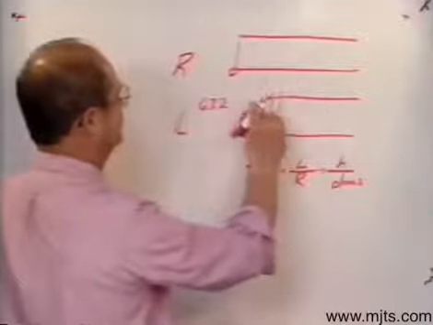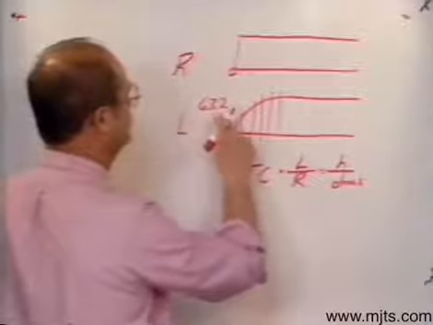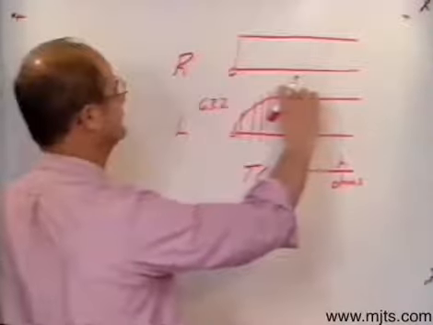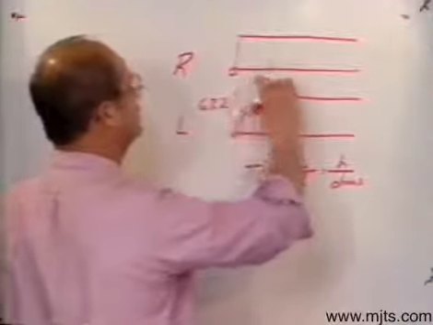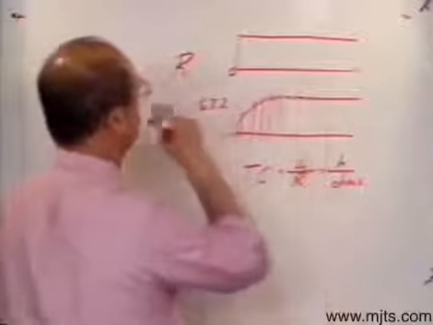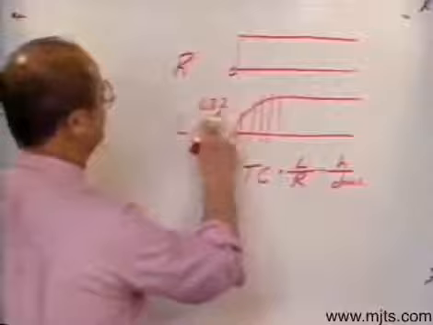The next time constant is going to be 63.2% of what's left. The next time constant is 63.2% of what's left from there. So you see what's going to happen. It's going to go through 5 time constants. And of course in the book they give all the percentages for that.